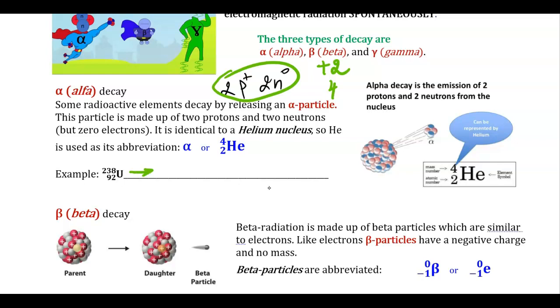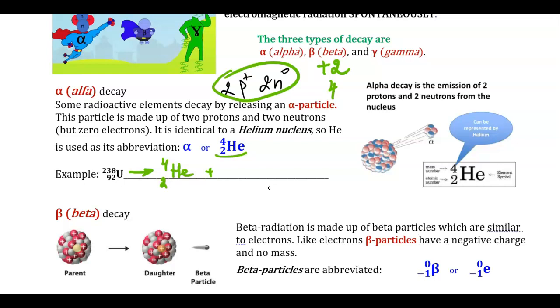If it is alpha, that means that a helium or alpha particle is produced, right? So 2 is the atomic number and 4 is the mass number. And the point is that the mass and the charge have to be the same.